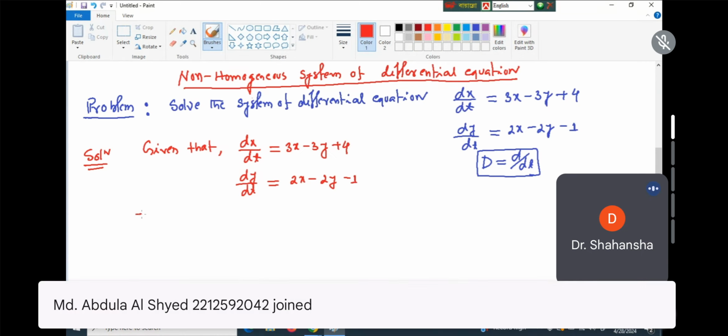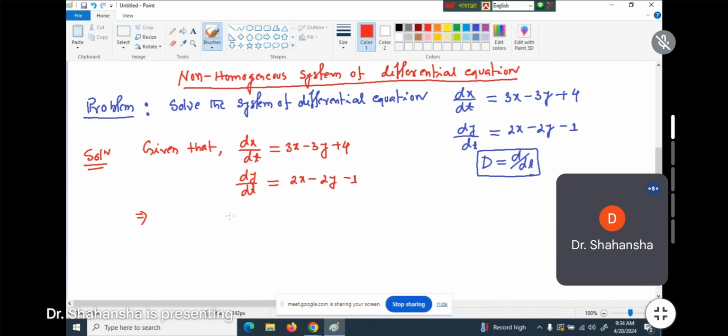Otherwise, you can write this equation in this way because D is the differential operator. We can write Dx minus 3x plus 3y equals 4.